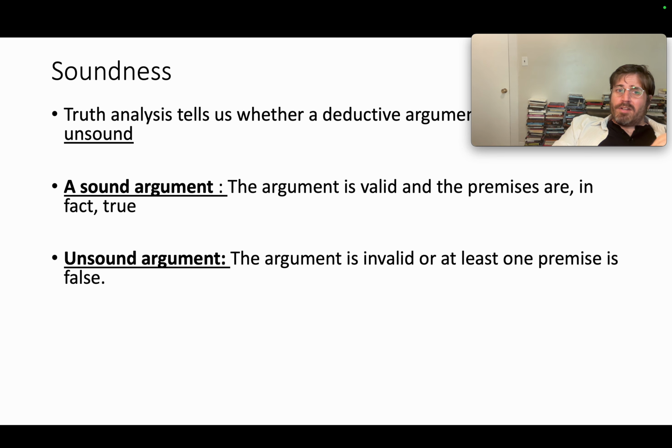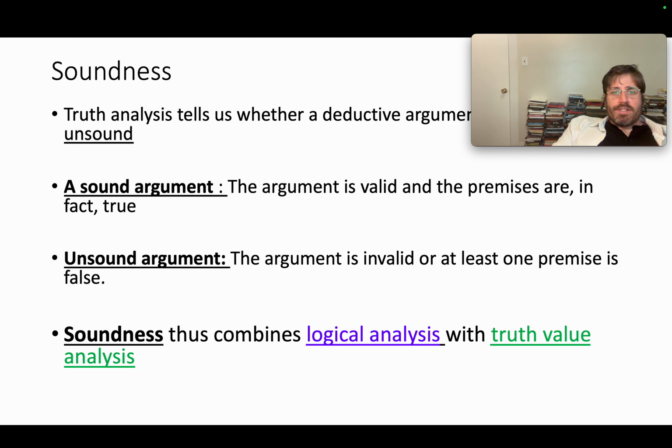But you cannot have an unsound argument that is also valid. An unsound argument means it is also going to be an invalid argument. Soundness thus combines logical analysis, or the analysis of the underlying structure, with truth value analysis. It's a way of bringing together the concepts of logical analysis and truth value analysis.